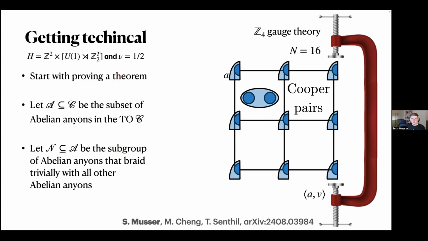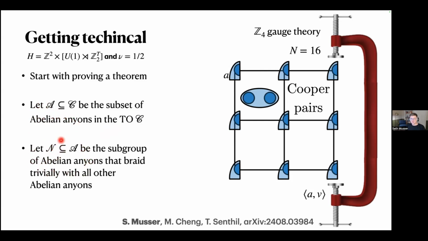So let's get a little technical. I just want to give you a flavor of some of the tools that we developed. So we'll start by proving a theorem. Let A of C, where C is our topological order, be the subset of abelian anions in the TO C. Because abelian anions fuse uniquely, we can treat A as an abelian group under fusion.